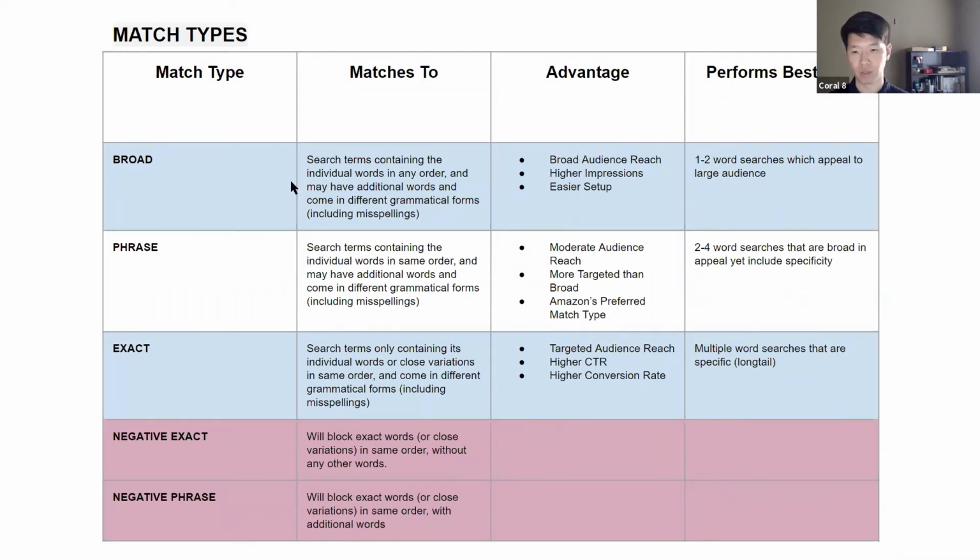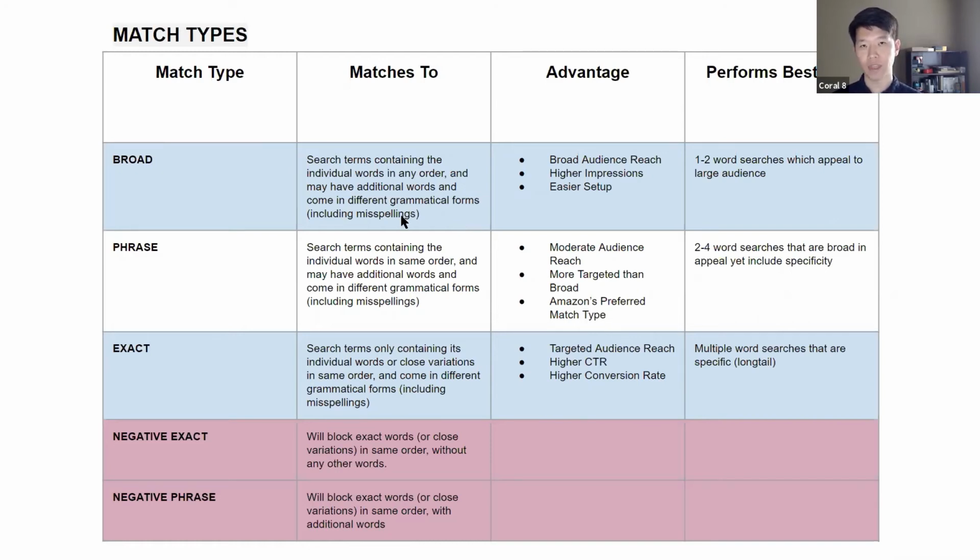Okay, so with that said, the broad match type matches to search terms containing the individual words in any order. An example of this is, say, stainless steel knife. So you've got 3 individual words in the keyword called stainless steel knife.